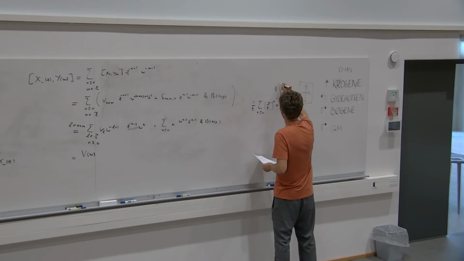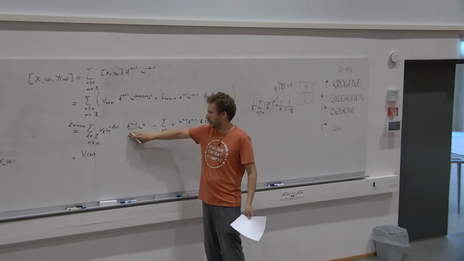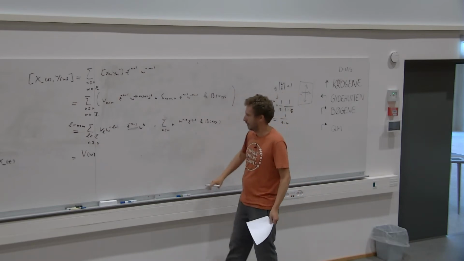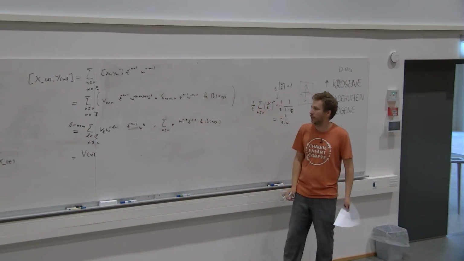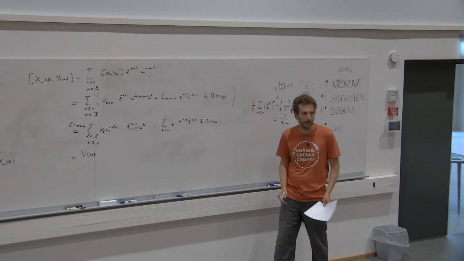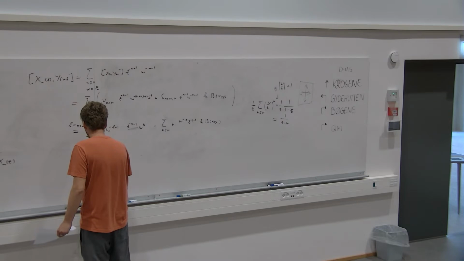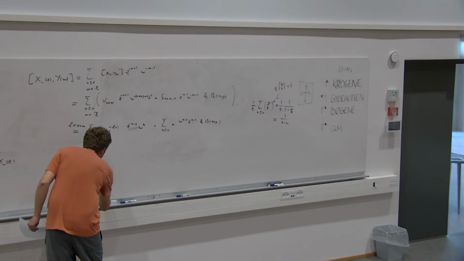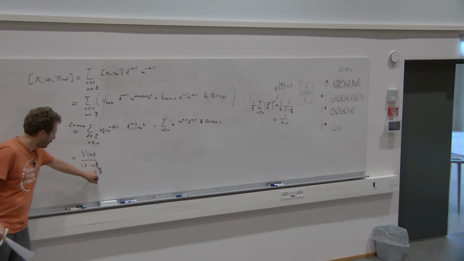So this expression is the expansion of 1 over z minus w in the region where w has an absolute value less than z. And to be completely precise, we will give it an index, for example w over z, indicating that we mean the expansion of this expression in the region where this is less than 1.